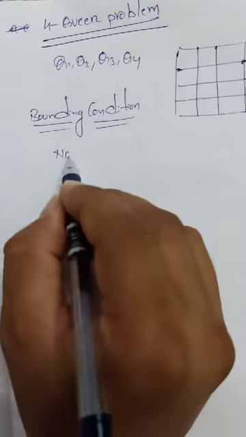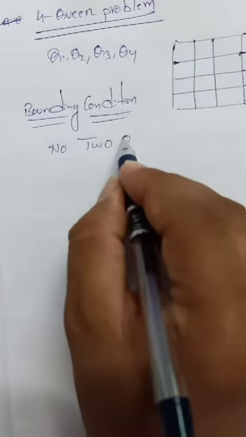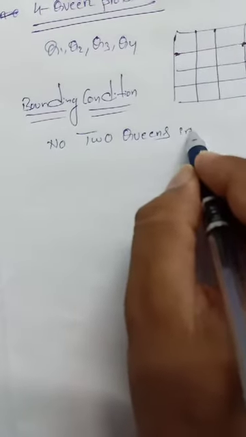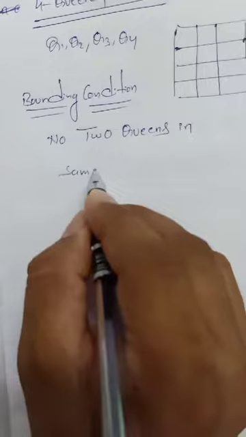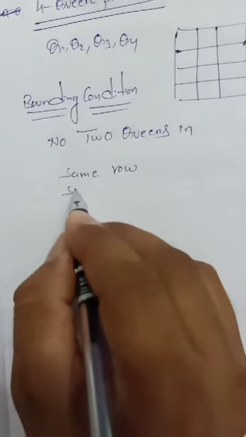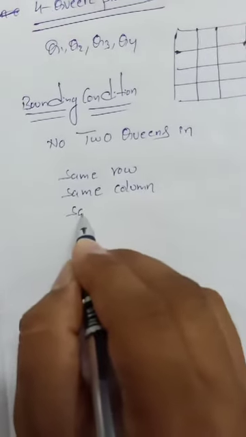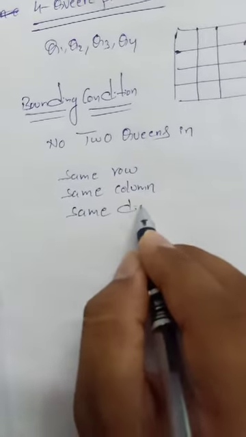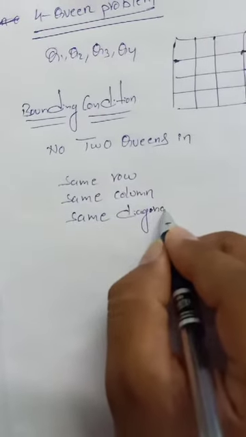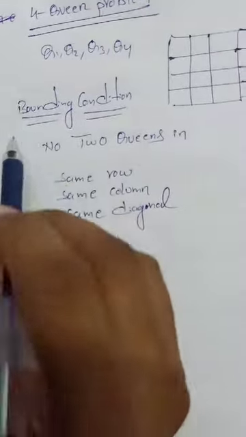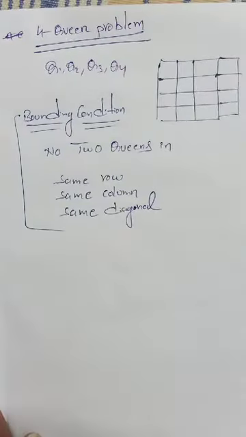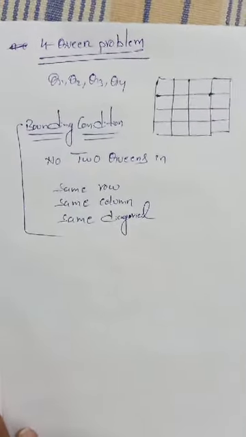No two queens in the same row, same column and same diagonal. This is the bounding condition.